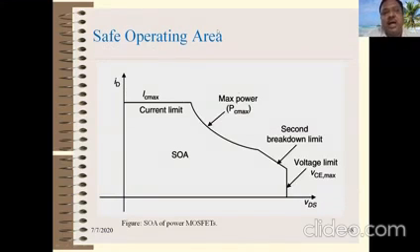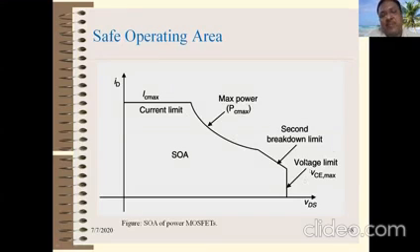The last part is called the safe operating area. Every device, whether a transistor, a diode, or any other device, has higher operating values like voltage or current. You cannot exceed those values, otherwise your device may be damaged. In a BJT there is thermal breakdown, in a power MOSFET there is no thermal breakdown but there is a secondary breakdown.